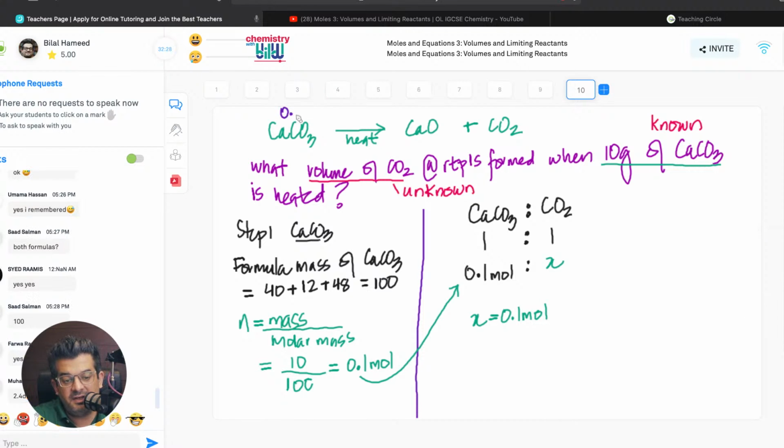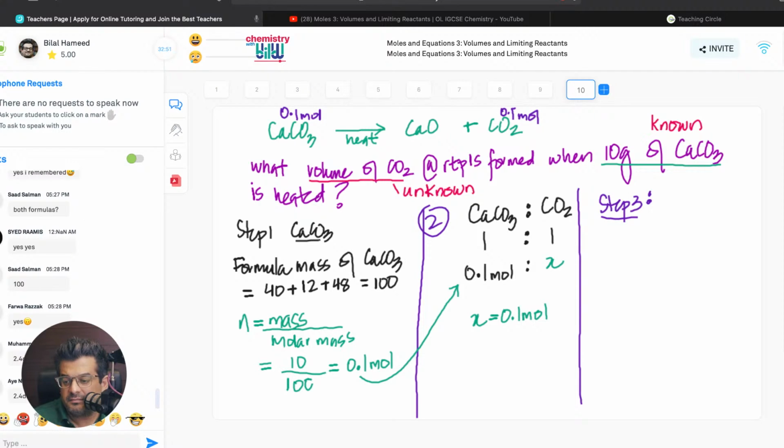So what I just found is 0.1 moles of calcium carbonate will make me 0.1 moles of carbon dioxide. And if they wanted the moles of carbon dioxide, that is all I will need. But I will not stop there because I've been told to find the volume. So how do I find the volume?